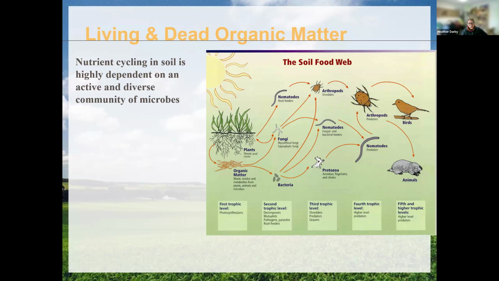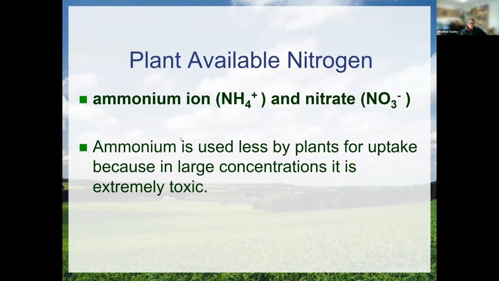So you've got to have a very active biological soil, right? Lots of different organisms to make this happen and to make it happen quickly and efficiently. You need biology.